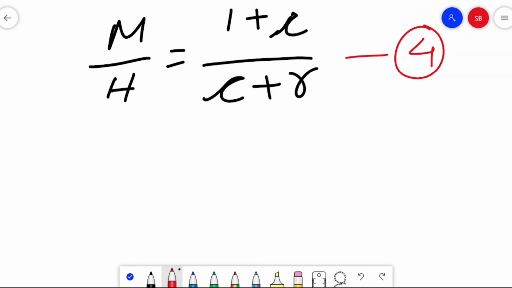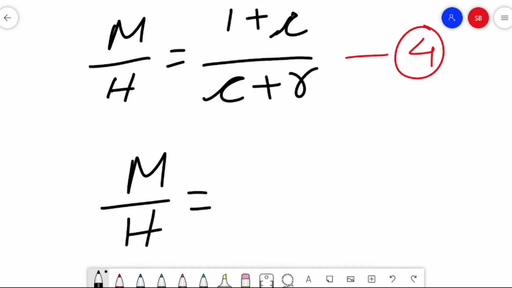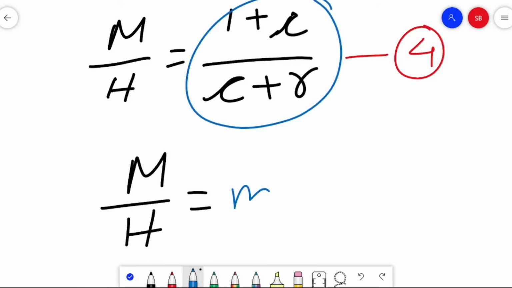and here I am going to do something, that is, here this is m by h, right? Let's erase this and let me mark this whole portion, the right hand side of equation 4, as mm.